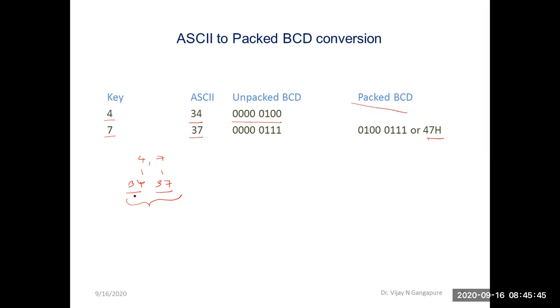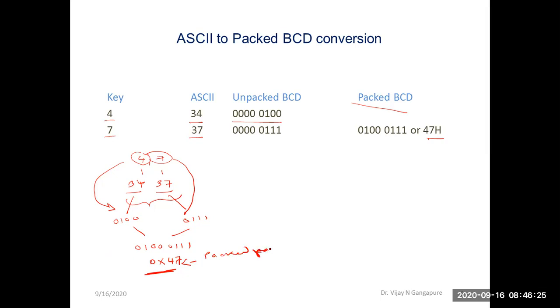In the upper nibble, 34 represents BCD number 4 and its BCD representation is 0100, and 37 represents decimal number 7 and its BCD representation is 0111. So this will produce packed BCD 01000111, that is in hex 0x47. Okay, so this is what we want, ultimately a packed BCD number.